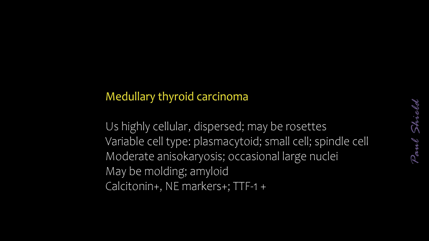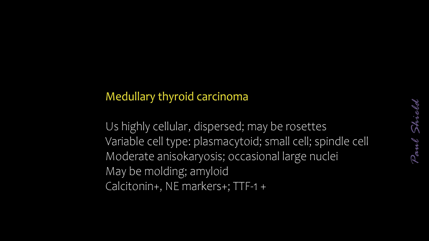Unlike most follicular neoplasms, they show moderate anisokaryosis, and you often see an occasional very large nucleus, like we saw in that first case. There may be moulding present, and amyloid is said to be present in many cases.